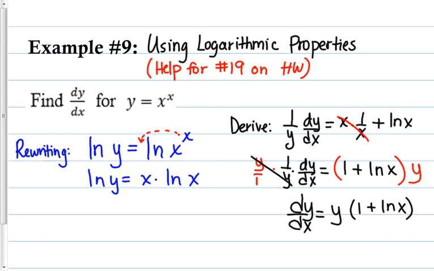Now, using our eyeballs, very quickly, because I'm almost done. Come on, highlighter, it doesn't want to work. Weird. All right, I'll do it in green. If we look at the very beginning, we knew what y equaled. y equals x to the x power. So I can rewrite this equation by plugging in x to the x power for y.